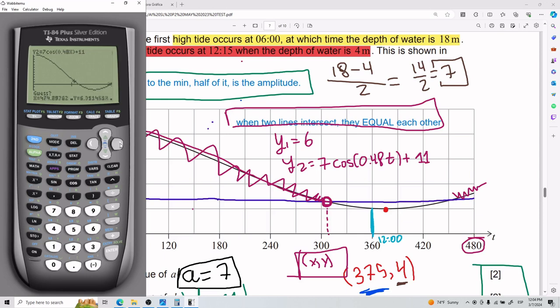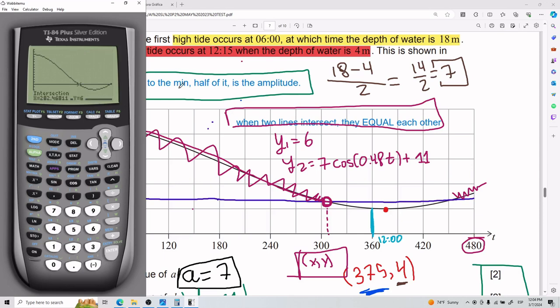The guess function helps you pick which intersect. It's not that your calculator is dumb and needs help finding the intersect. This guess thing is for you to pick which intersect you want to know about. So I'm going to pick this one more to the left because 12 o'clock is right there. Right? More than that is past 12.